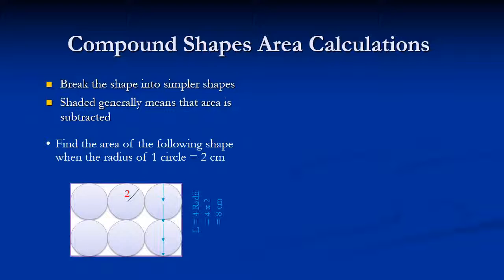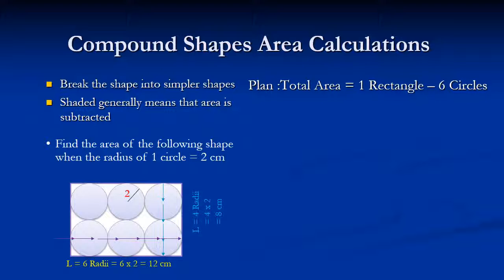So we know that the radius is just 2, so the diameter must be 4, and it'll take 4 radii or 2 diameters to go all the length of the height of that rectangle, and if we work our way across, it's going to be 6 radii across, so that's going to be 12 centimeters in this case. So now we've got the dimensions of the rectangle.